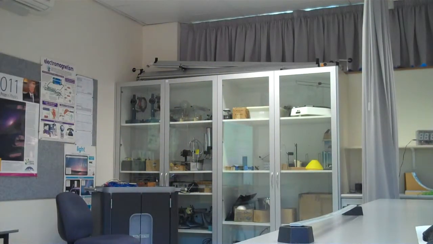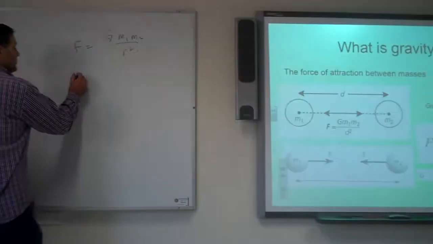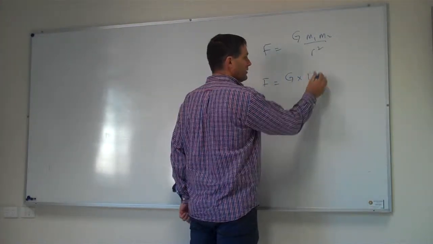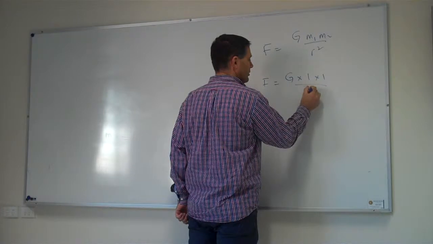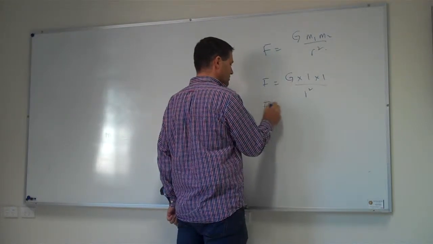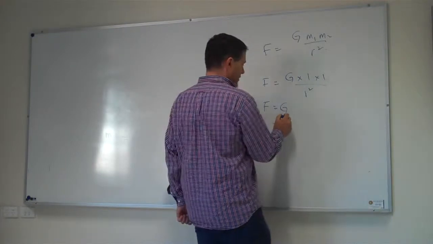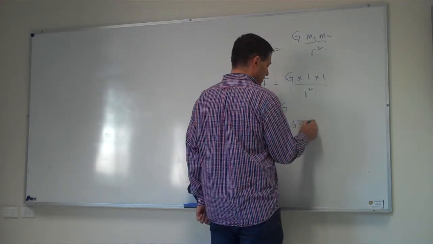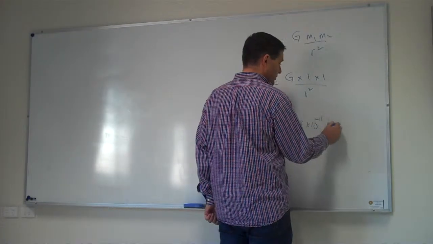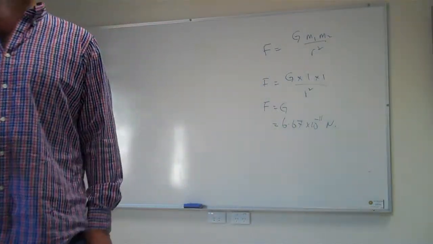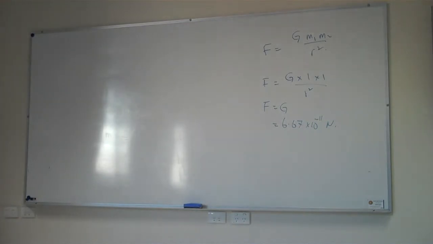Well, let's have a look. The force is equal to G times mass 1 is 1 times 1 all over 1 squared. So in that case, force is equal to G. So the force will equal 6.67 times 10 to the minus 11 newtons. Wow. So there is a force of attraction between those two things there, but it's not terribly strong.